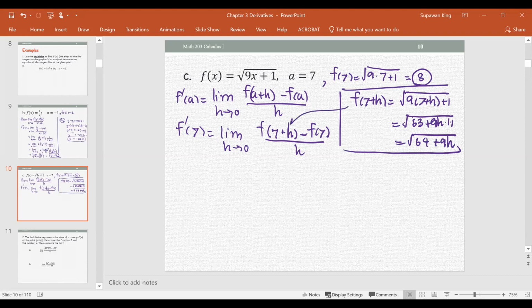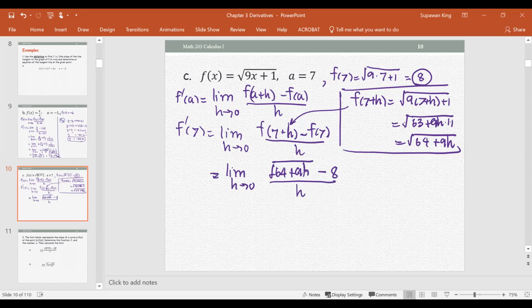Replace it into the limit definition, equals the limit as h approaches 0. F of 7 plus h now is replaced with the square root of 64 plus 9 times h, minus f at 7, which is 8, divided by h. This becomes a limit involving the radical form.